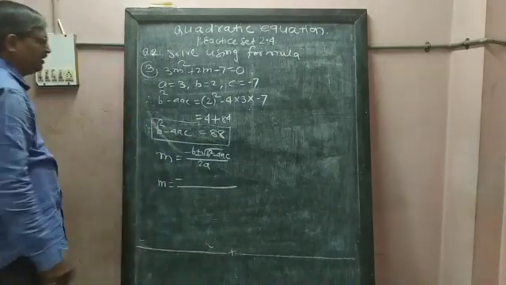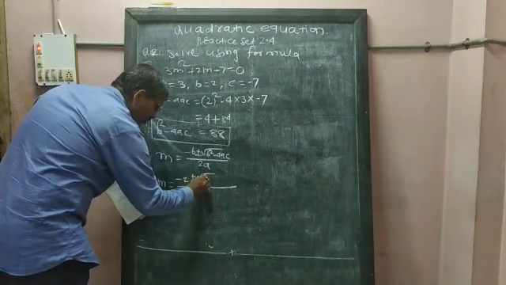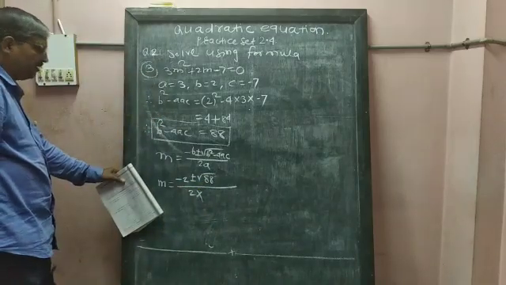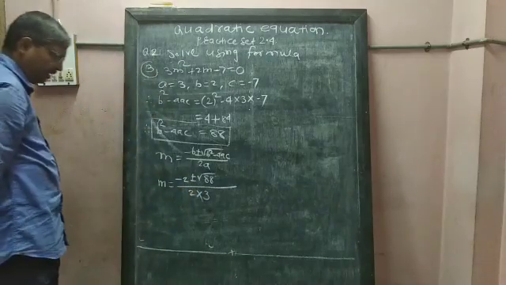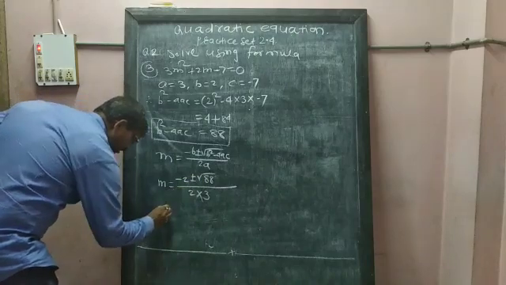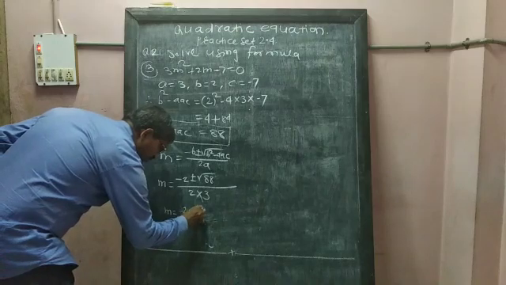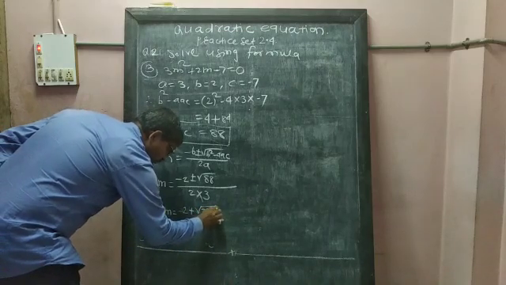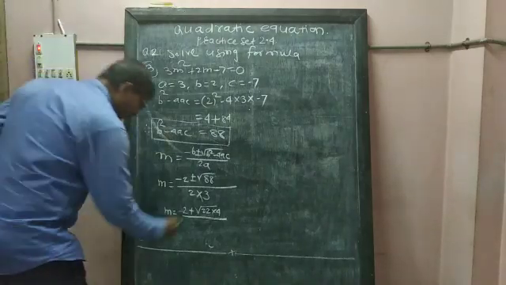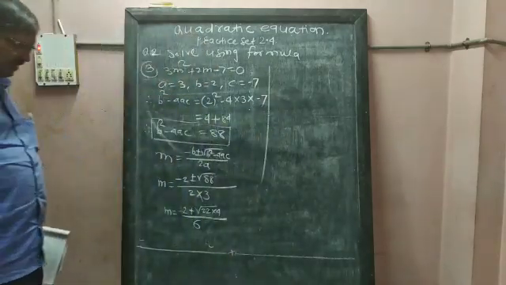Therefore, here minus b means minus 2 plus minus under root 88 upon 2 into the value of a, which is 3. Okay. Now we can split 88, means minus 2 plus minus under root 22 into 4, because 22 4s are 88, and 2 3s are 6. Splitting is done.